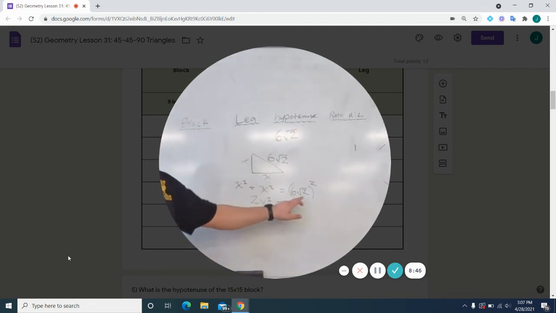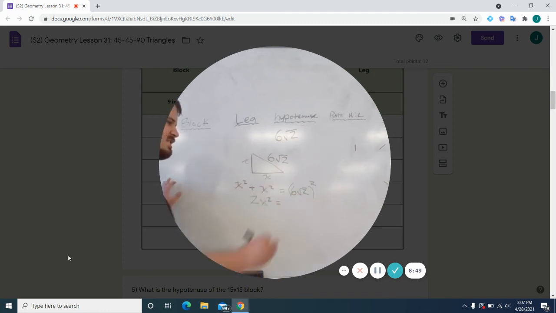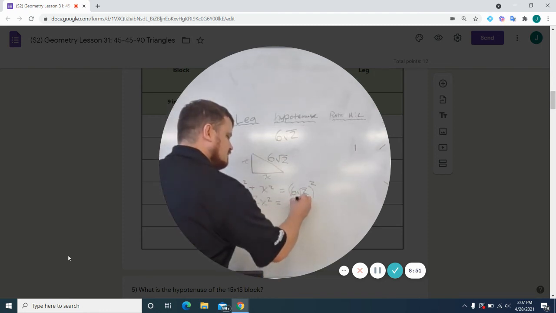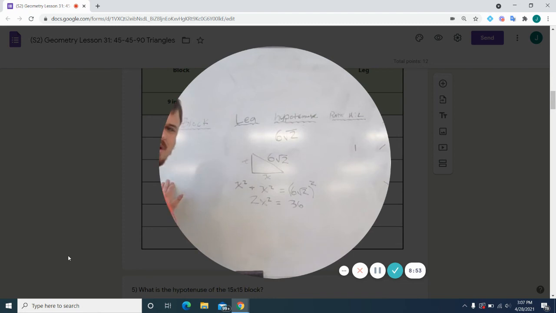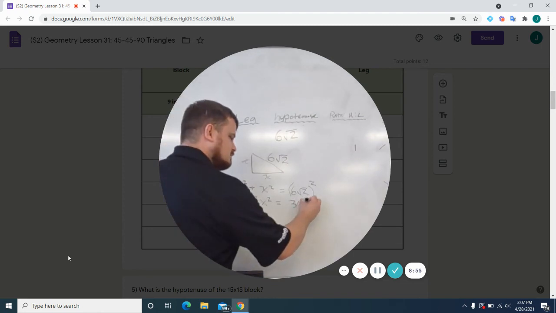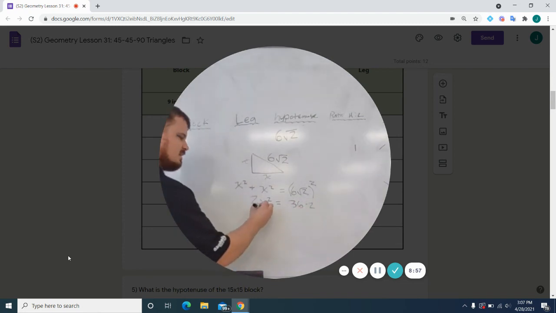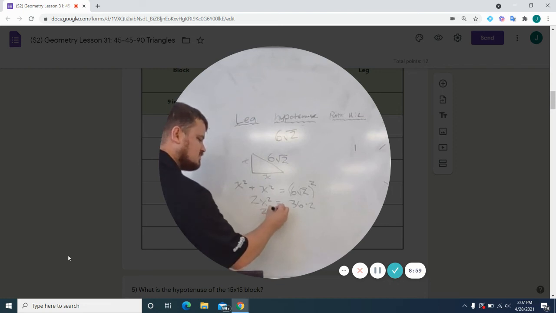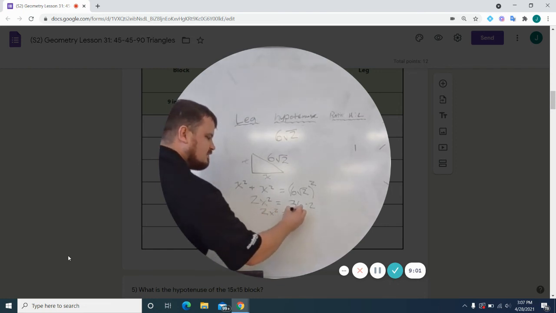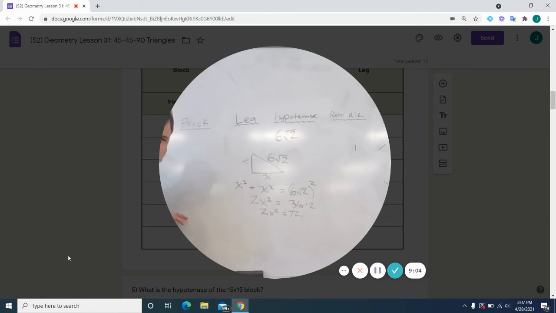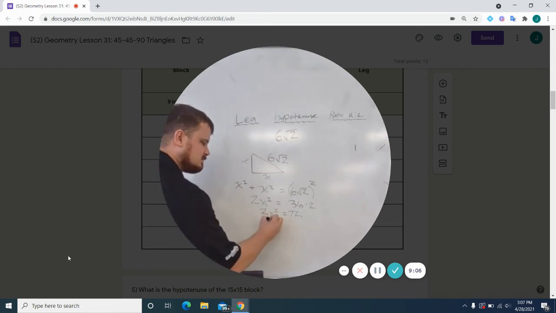And then with this, square both of these. So 6 squared is 36. Root 2 squared is just 2. So we get 2x squared equals 72. Okay, divide both sides by 2.